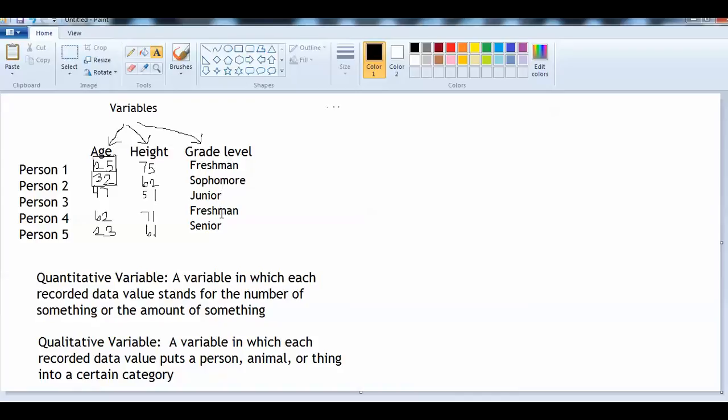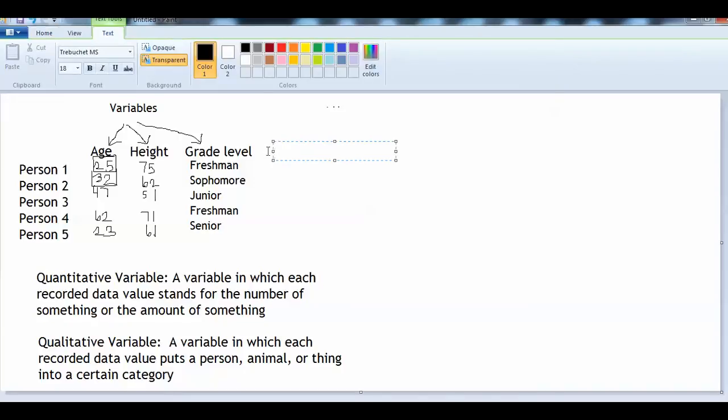It's a little bit tricky, because you might think that a person who's a freshman has been in college for 1 year, and a person who's a sophomore has been in college for 2 years. But we're not actually recording the number of years in college. We're just recording a category that a person is a member of. So grade level is actually qualitative.